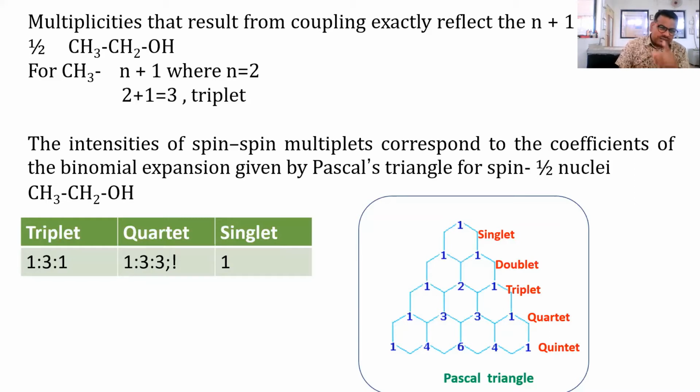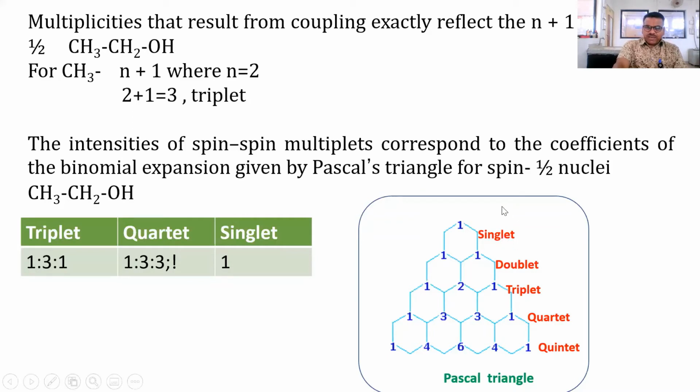And the third one is that the intensity of the spin multiplets corresponds to the coefficient of the binomial expansion given by the Pascal triangle for spin 1/2 nuclei, just like CH3CH2OH. I have shown this Pascal triangle here.